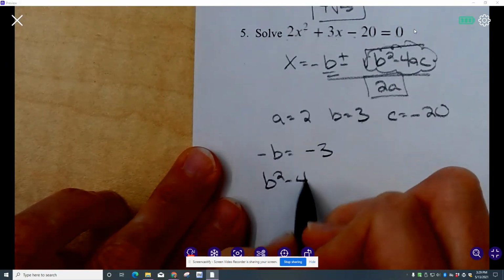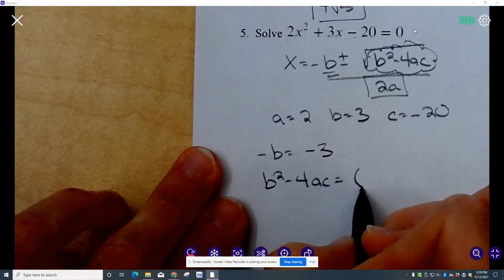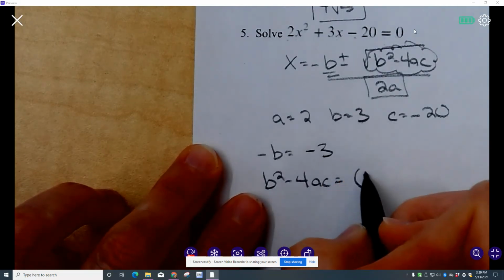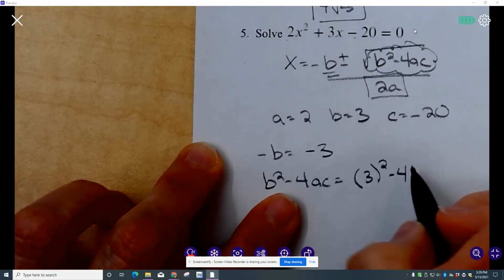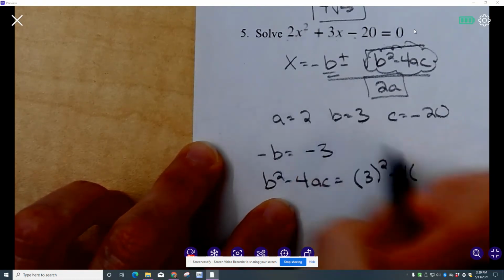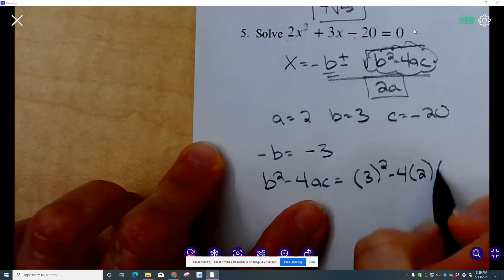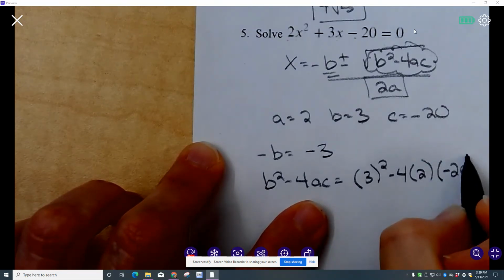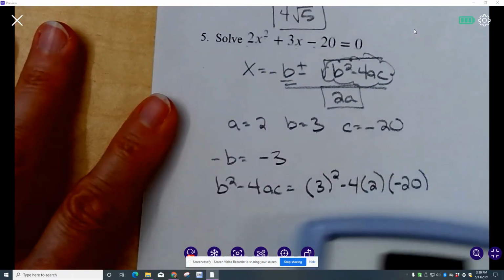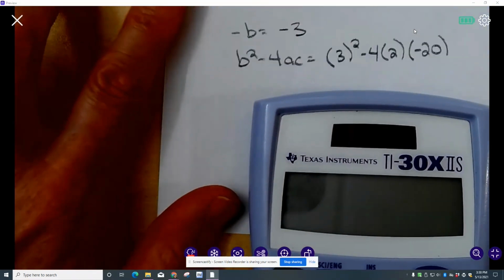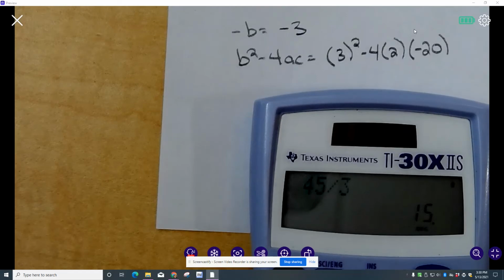B squared minus 4ac is going to equal b squared. 3 squared minus 4, that's a copy job, part of the formula, times a times c, negative 20. Be careful. If you write it just like that with all your parentheses, then you can punch that whole thing in the calculator. So parenthesis 3, parenthesis, oops, not negative 3. Let me try again.